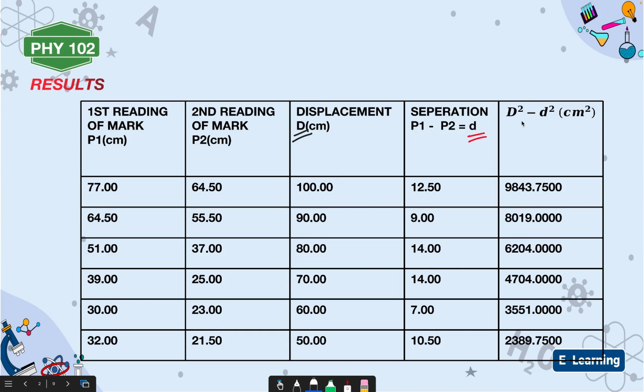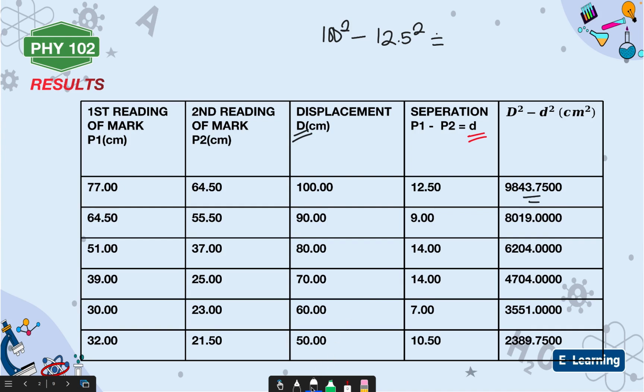So in order for you to get this column here, you look at this column. Let's take the first one for instance. This becomes 100 squared minus, what do we have here? You have 12.5 squared. Are you getting it? Whatever value it gives to you is this value you have here.